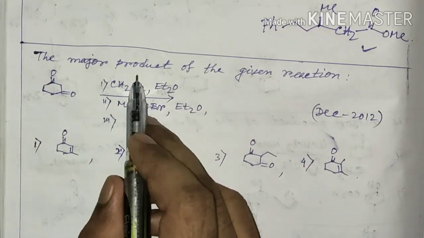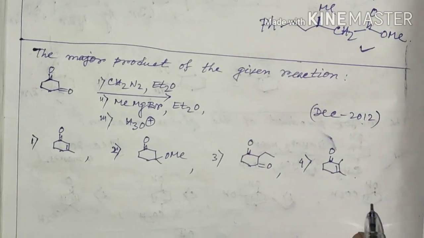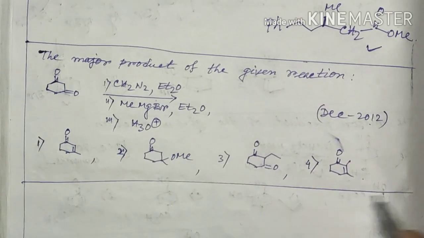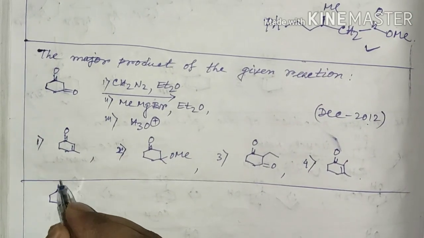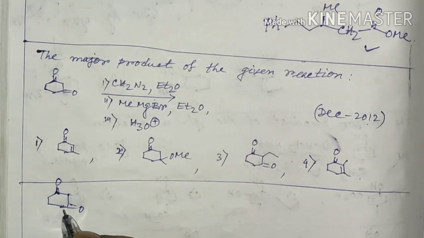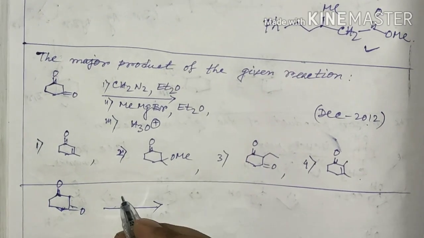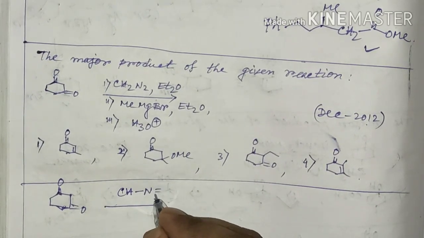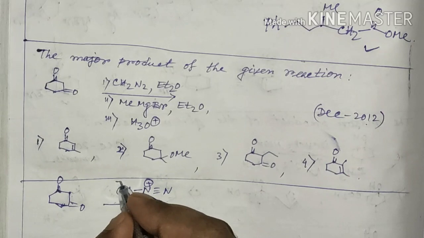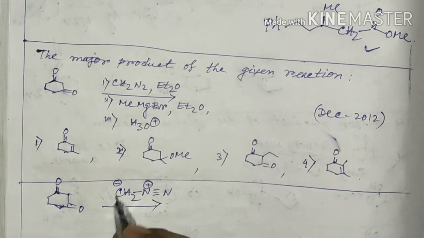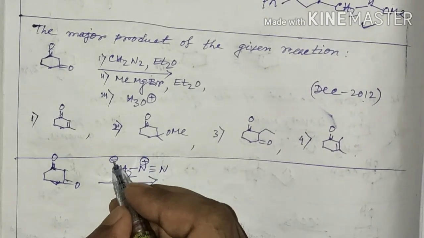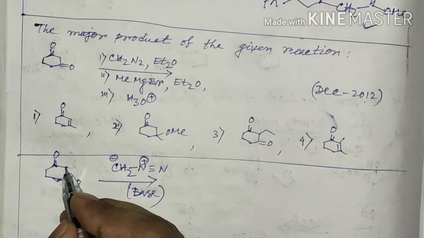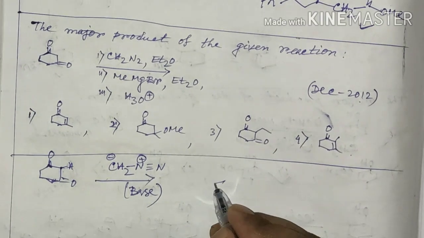Now this question came in December 2012. Here we can see that this dicarbonyl compound is treated with diazomethane, and one of the resonance forms of diazomethane is like this, and in this form it can also act as a base, and thus it will abstract this acidic proton.